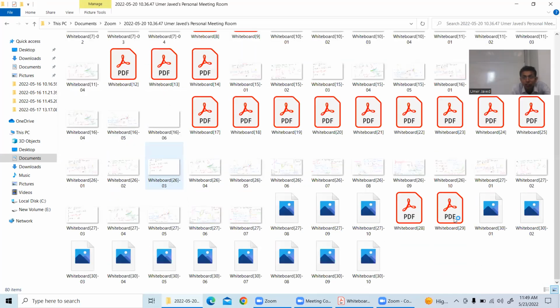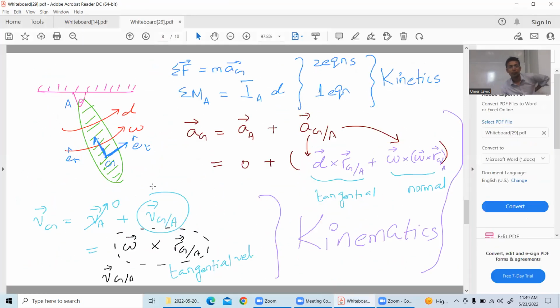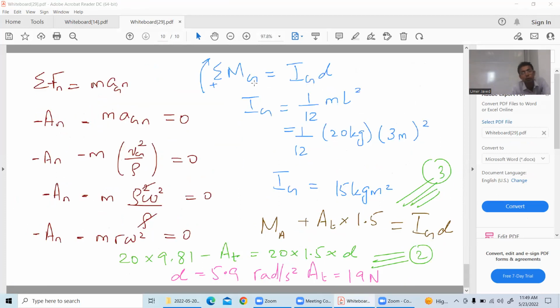So on the 20th class, this is the solution I showed you. We did summation of forces. Then I did summation of moments about the center of mass is equal to Ig alpha, correct?